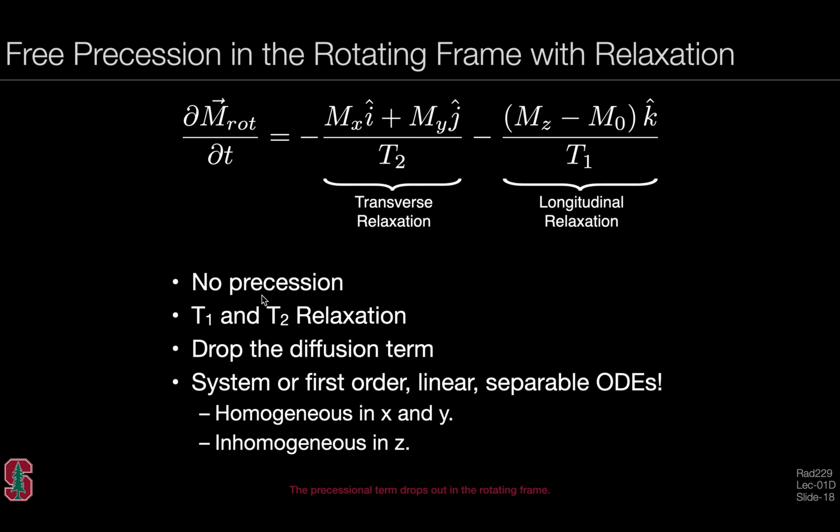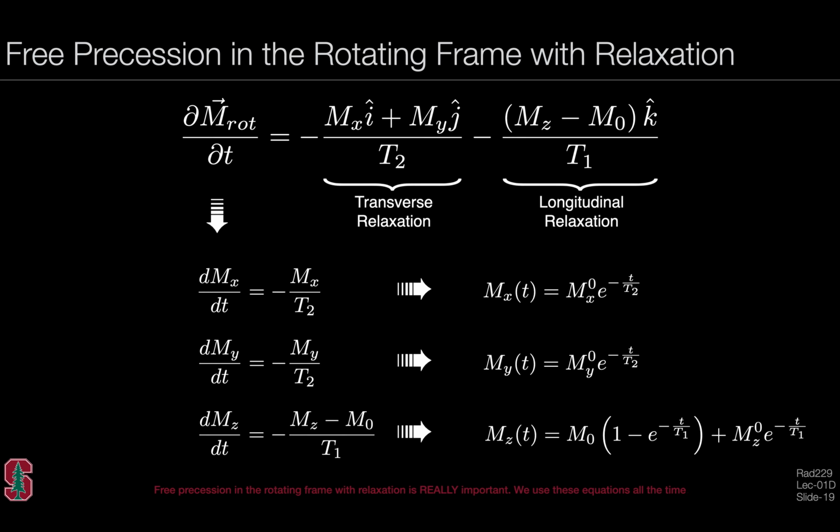So there's no precessional term. We still have the T1 and T2 relaxation terms. We'll drop the diffusion term so as not to further complicate things at this point. And we end up with a system of first-order, linear, separable ordinary differential equations that are homogeneous in x and y and inhomogeneous in z.